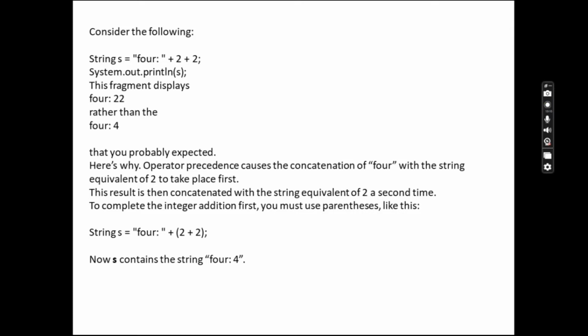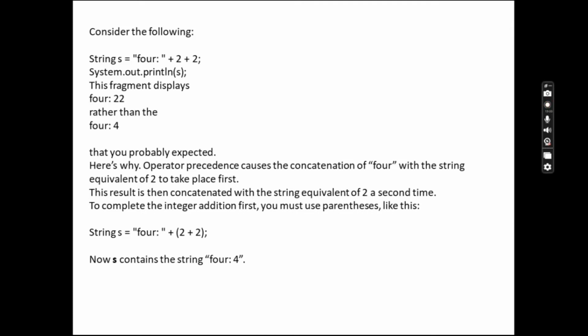So the integer 2 is converted to toString and displayed, and the second integer is converted to string and then displayed, rather than 4. So to provide the operator precedence, you have to specify the braces.